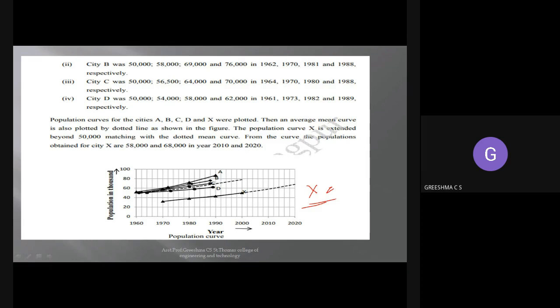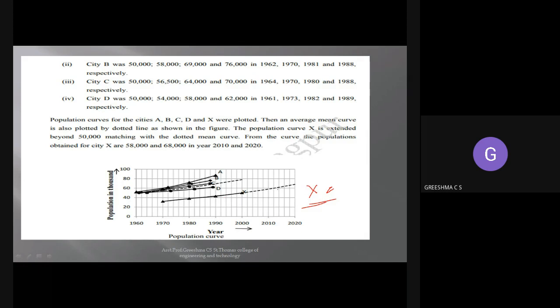So from these similar cities, with all the information I have collected, I will plot the graph. That is the comparative graphical method.